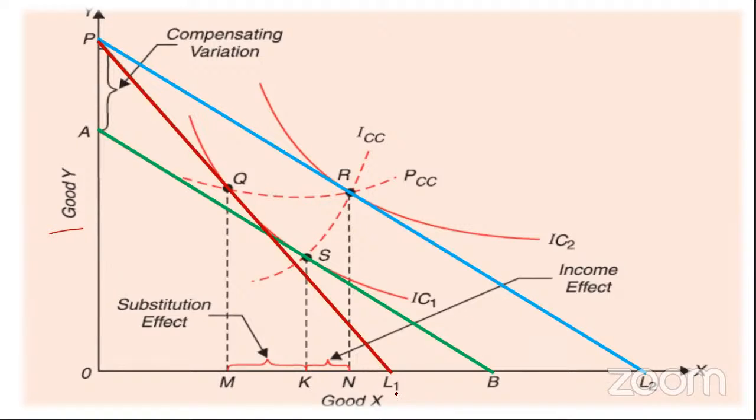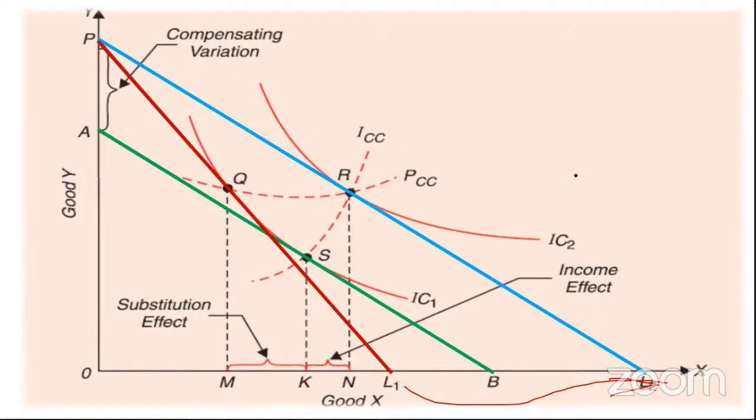When the price of good X falls, our budget line moves away from the origin. The first budget line is there; when prices fall, the budget line moves away from the origin, shifting from L1 to L2. And what about the indifference curve? The indifference curve also goes higher.